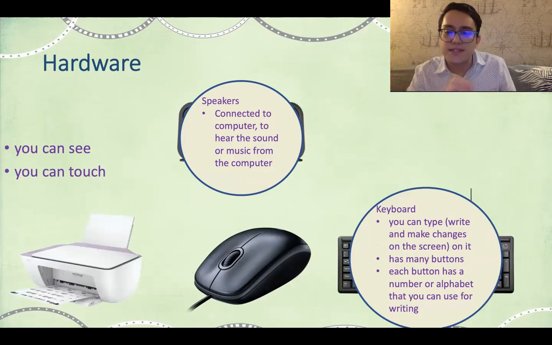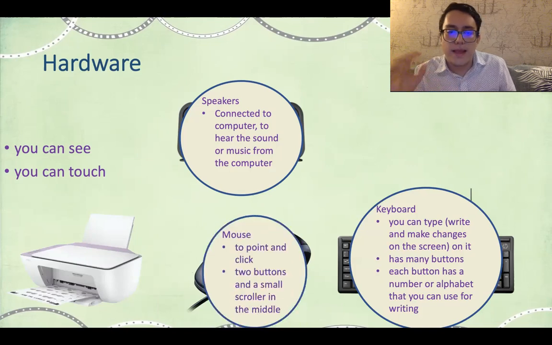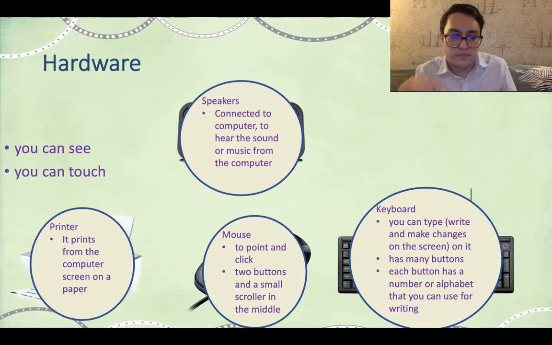Each button has a number or alphabet that you can use for writing. Mouse, to point and click. Two buttons and a small scroller in the middle.